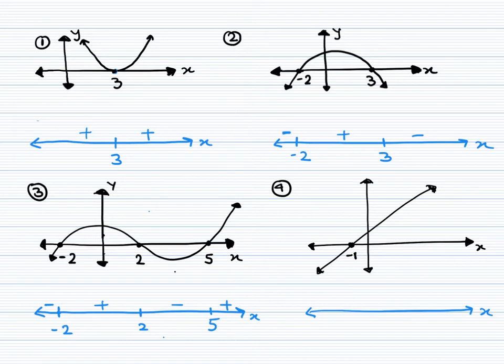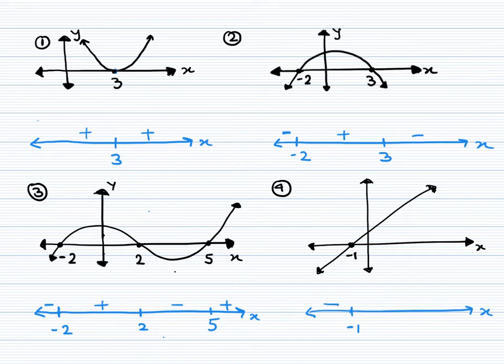For the next one, again, we look for critical values, where the graph is cutting the x-axis or is not defined. Here it's cutting the x-axis when x is equal to -1, so I'm going to label -1. Before -1 the graph is below the x-axis, so what sign is that?